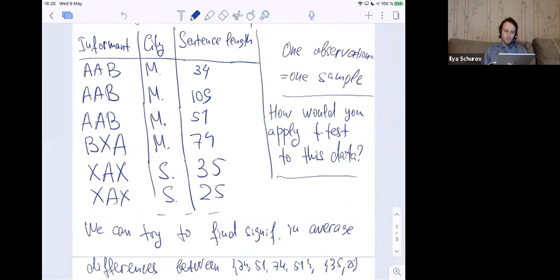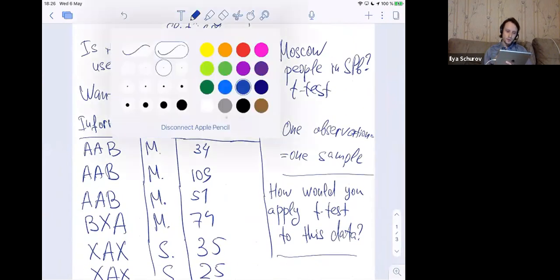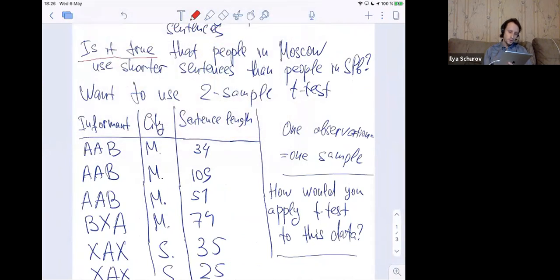What do you think? Let me recall what we are interested in: is it true that people in Moscow use shorter sentences than people in St. Petersburg?